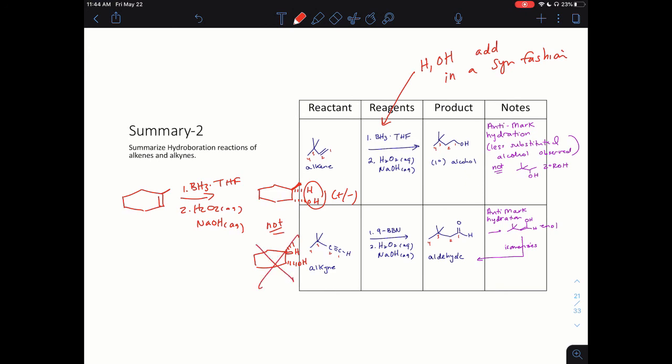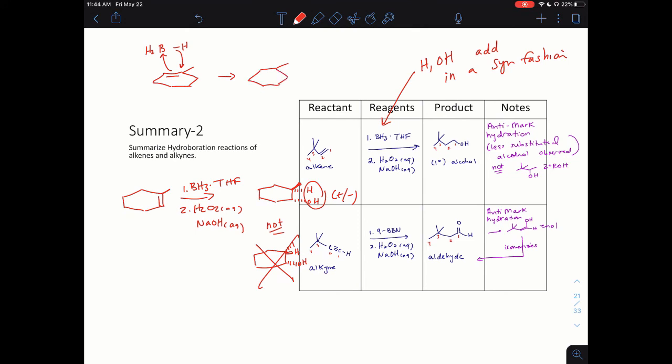And that's because the bonds are formed at the same time. So when you think about the hydroboration oxidation mechanism, let's do it right here. When you think about this mechanism, the carbon boron and the carbon hydrogen bonds are formed at the exact same time. It's called a concerted mechanism.